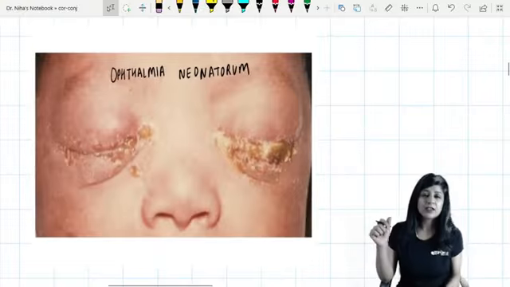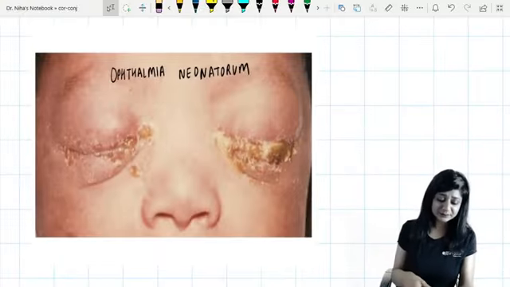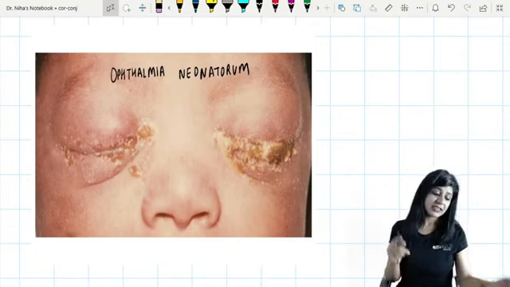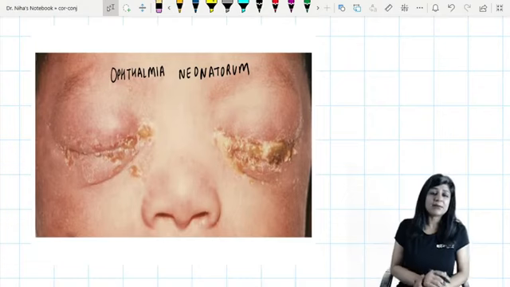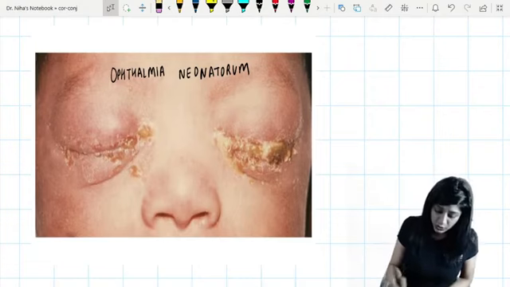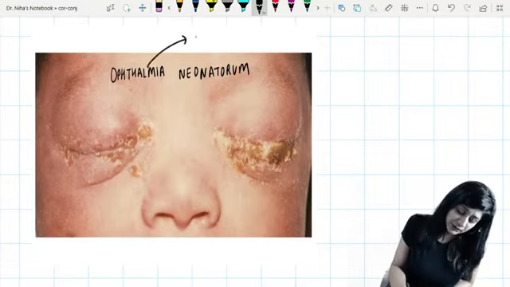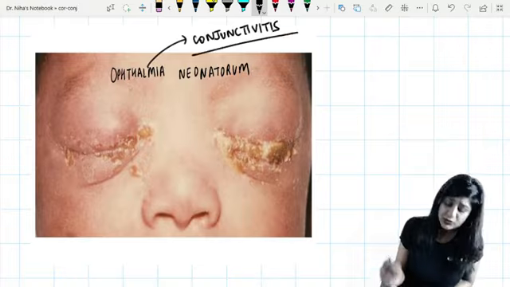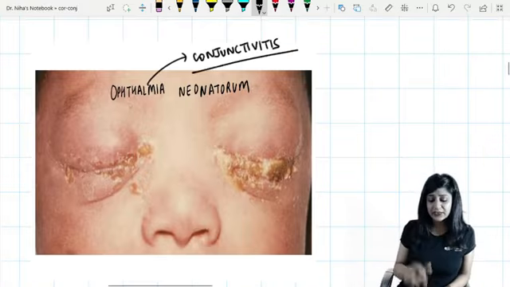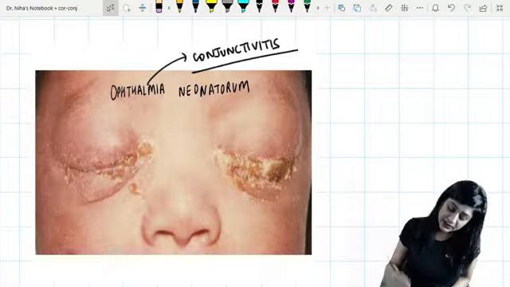Now see this. Baby is there. So this baby, trachoma, yes. Trachoma SAFE strategy. Now this is your Ophthalmia neonatorum. Here we are having the conjunctivitis.